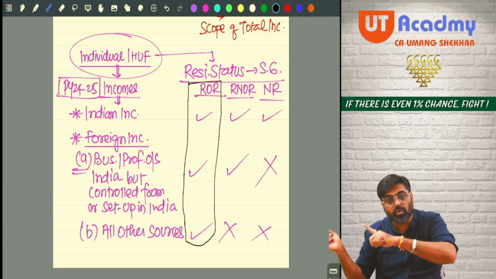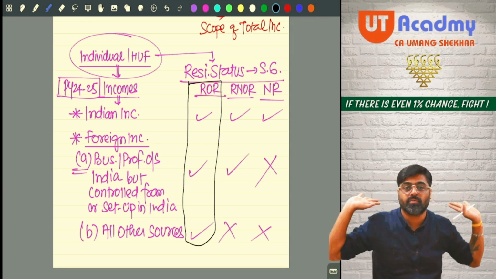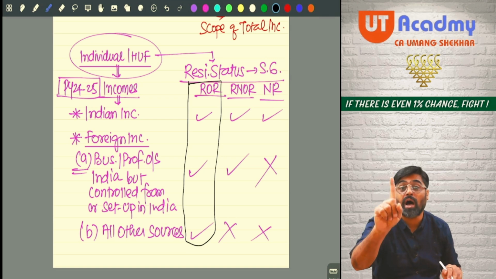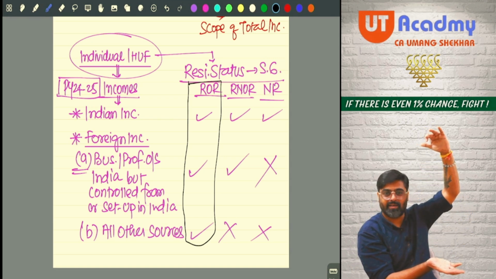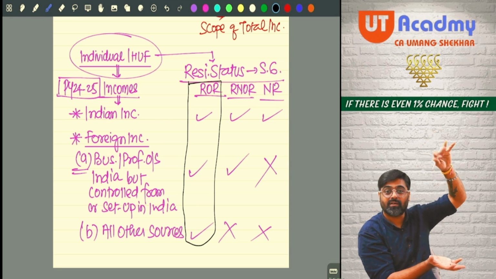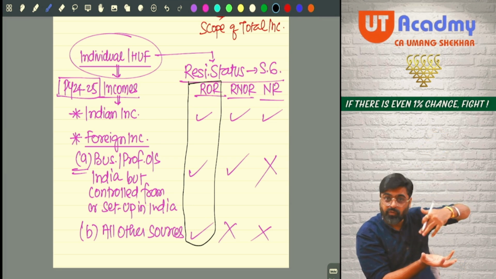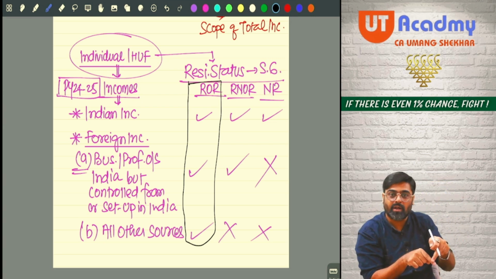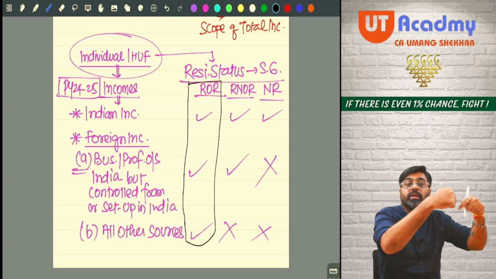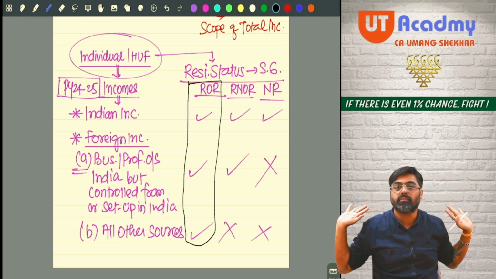You have to include all the incomes in the computation of your total income because your status is ROR. Global incomes, whether earned in India or foreign, all the incomes, if your status is ROR, you will show all the incomes in the computation of your total income.